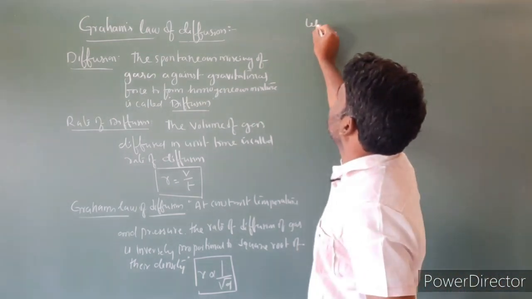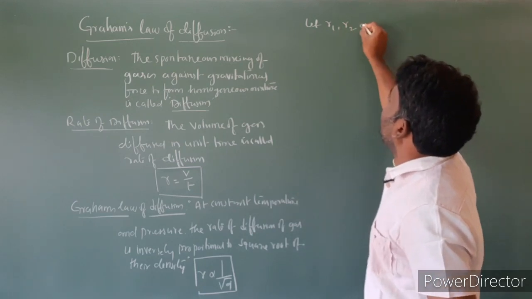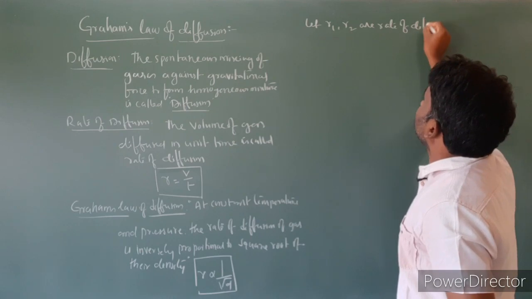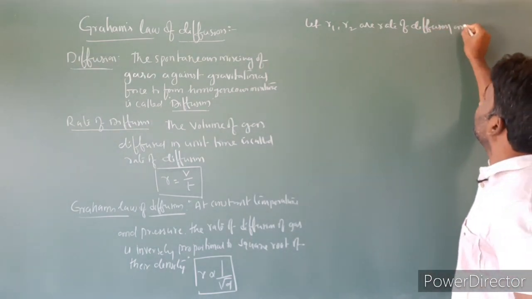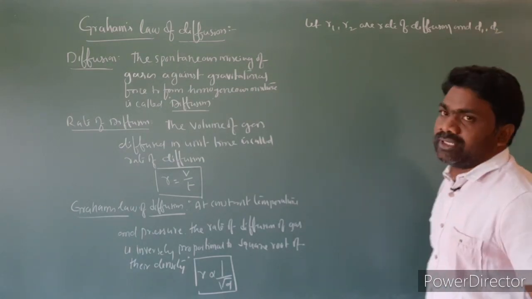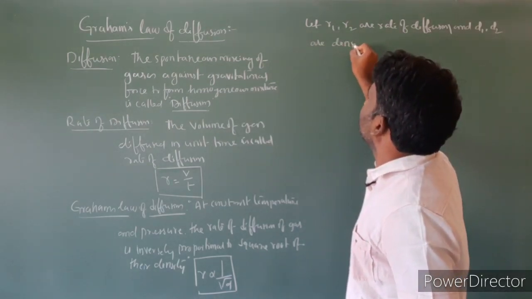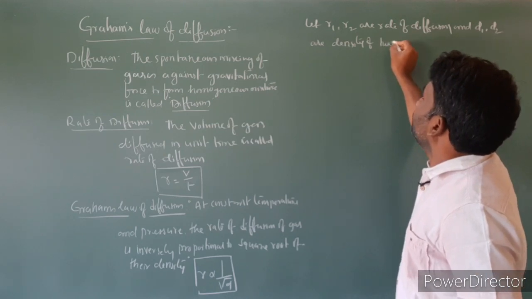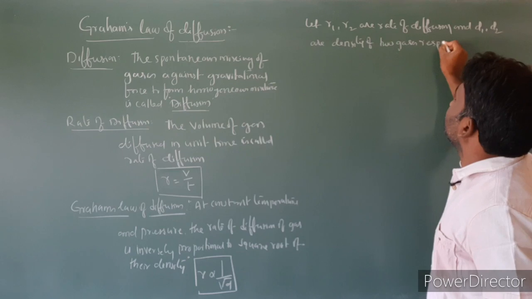Let R1, R2 be the rates of diffusion and D1, D2 the densities of the two gases respectively.